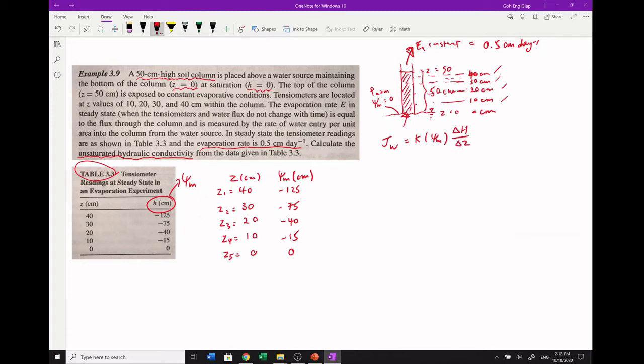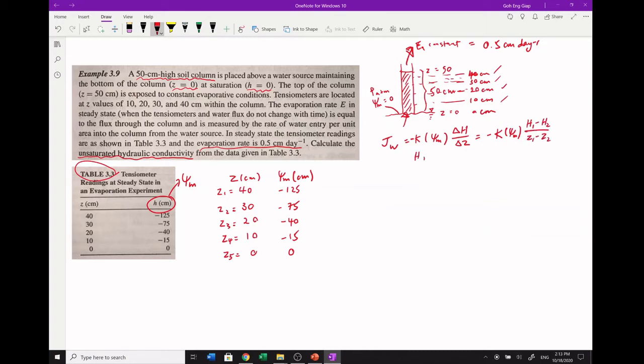Equivalent to negative K times H1 minus H2 over Z1 minus Z2.